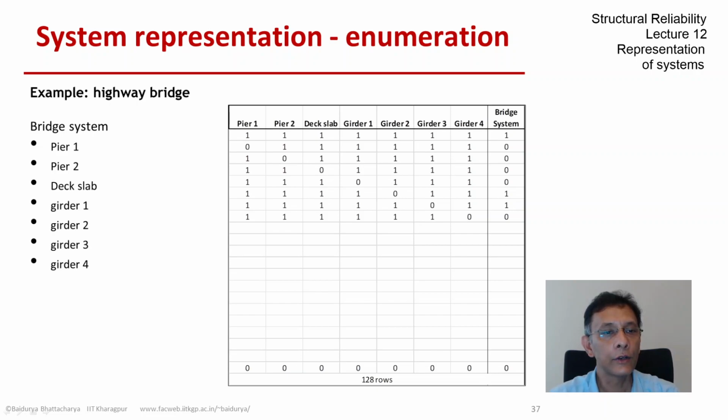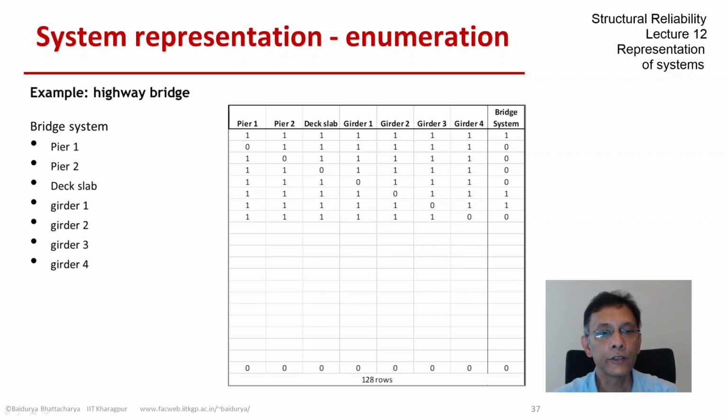If we look at row number 4, if the deck slab fails, the bridge has failed, even if all the others are up. Likewise, the next row, row number 5, if girder 1 has failed, that means failure of the system. The girders are numbered from left to right or end to end. So if it's one of the end girders and it has failed, then the bridge has failed for all practical purposes.